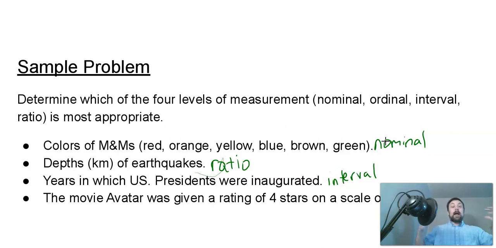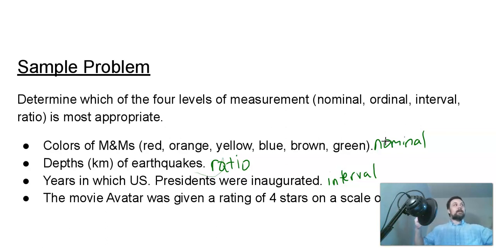So if 0 actually means none of that thing, that's an indication that it's ratio level. If 0 does not indicate none of that thing, that's an indication that it's interval. So another good example would be temperature. Temperature, again, 0 degrees is a little bit arbitrary.